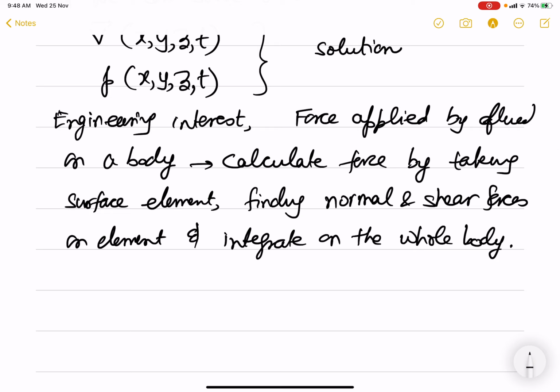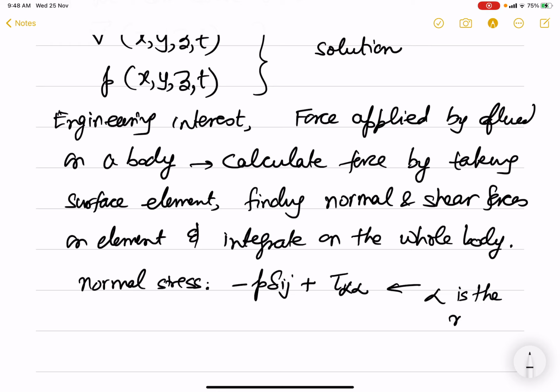And from here, to do this, once again, what you know is that the normal stress on the element will be equal to minus P delta ij plus tau alpha, where alpha is the normal direction.